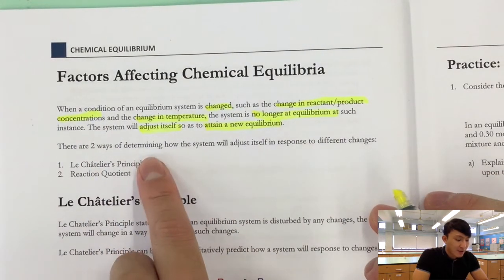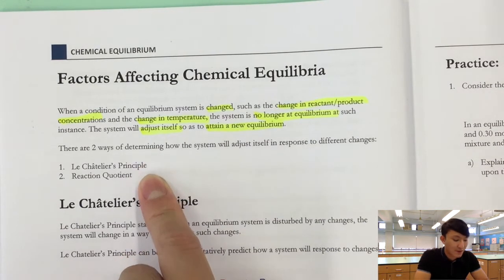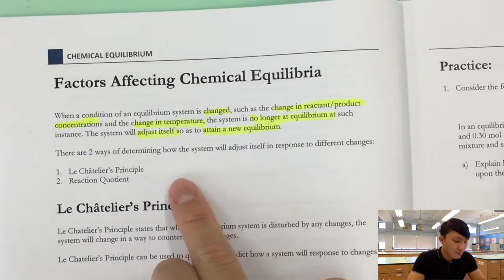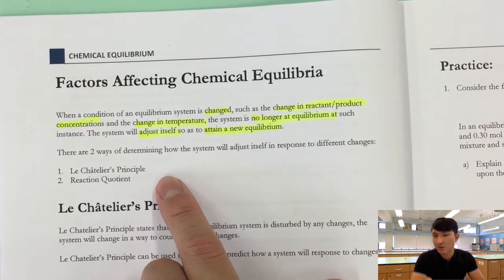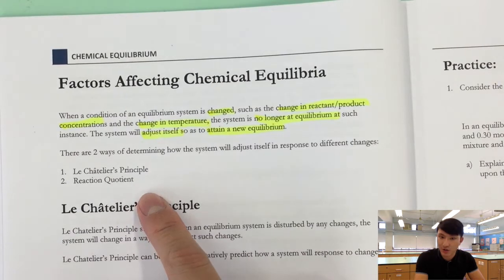As to how we can tell the system's response, there are two different methods to determine how a system will respond to such changes. The first one is the Le Chatelier Principle, the second one is the reaction quotient.